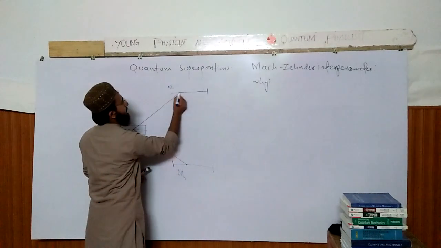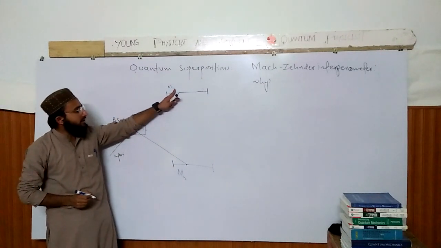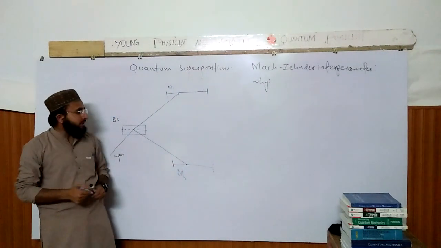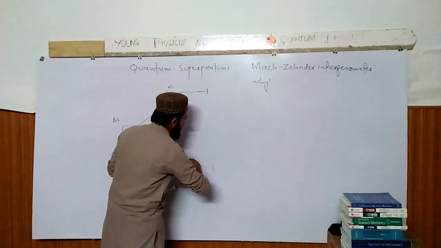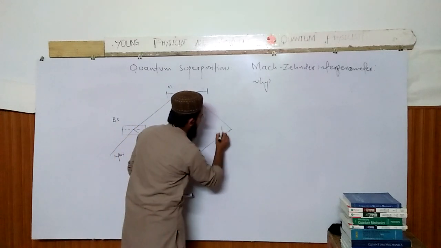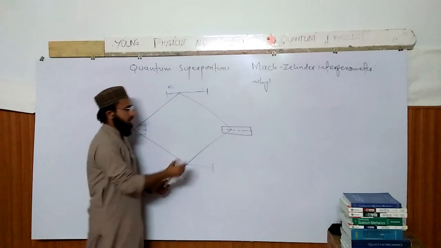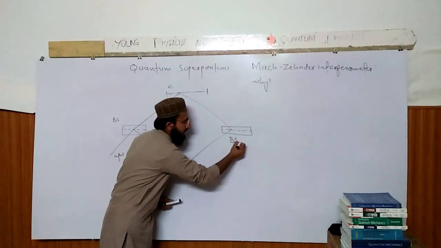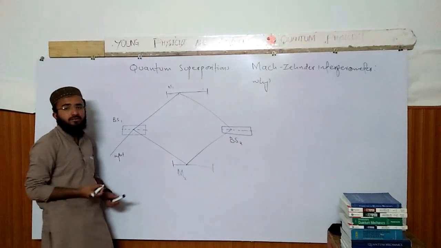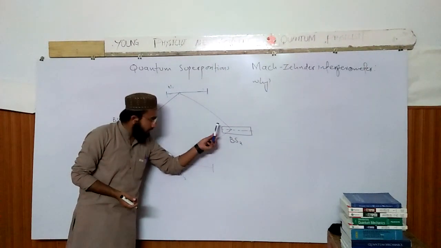Now, my dear students, when these output beams strike the mirrors M1 and M2, they recombine at another beam splitter. Here we have another beam splitter. Let's call this beam splitter BS2 and let's call the first one BS1.